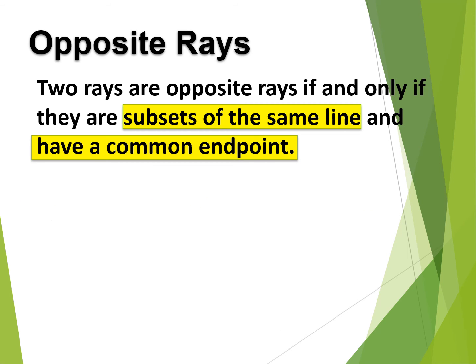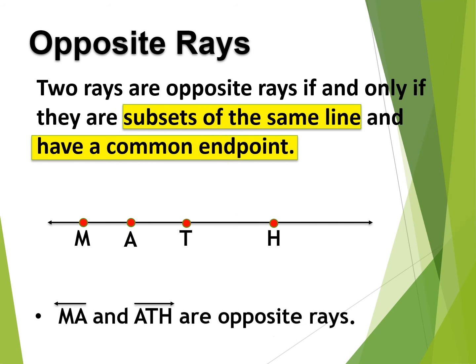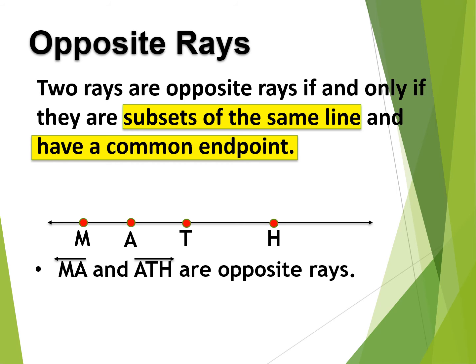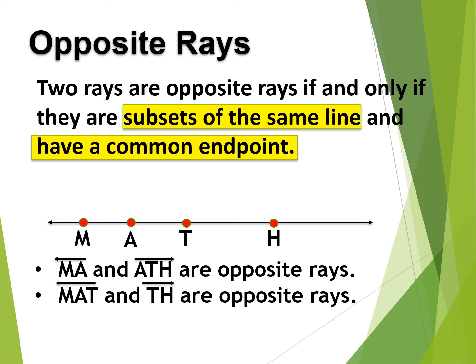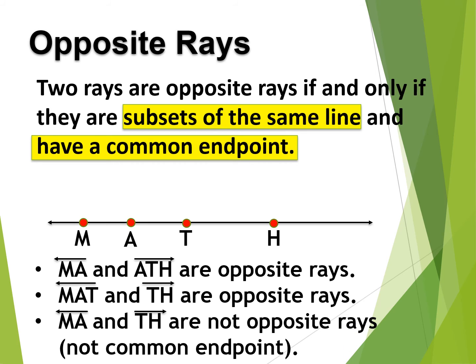So next, how about this? Ray MA and ray AT are opposite rays because they have the same endpoint, point A. Ray MA and ray TH are not opposite rays.